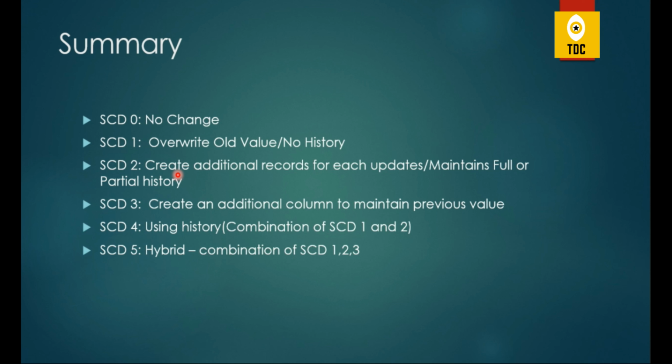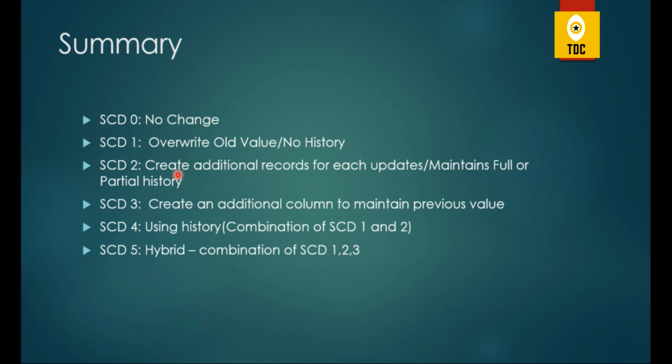And how do you identify the older records and whichever the latest record is? By the flag and the date effective column. And SCD type 3 is actually creating an additional column where it maintains the previous value. Here only the -1 version is maintained, that means only the previous value is maintained. If you want to go to the -2 previous value, it is not there. That history is not maintained here.